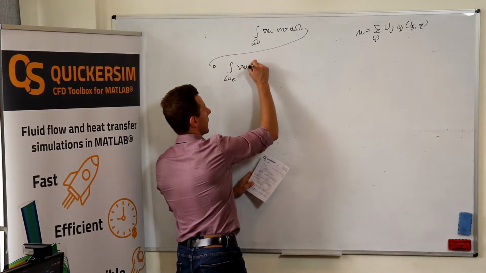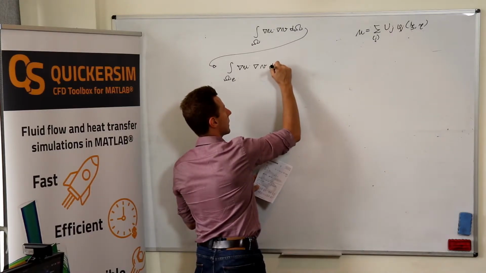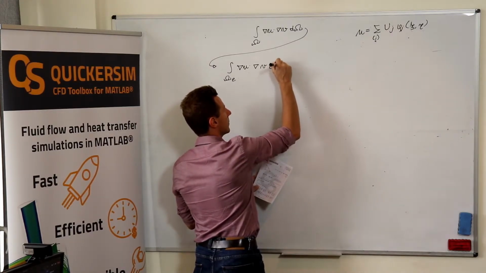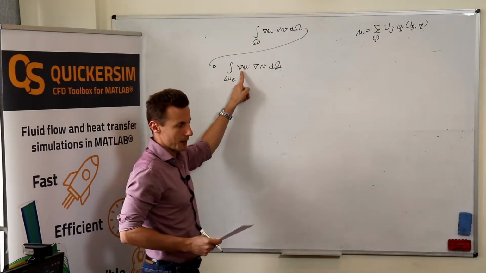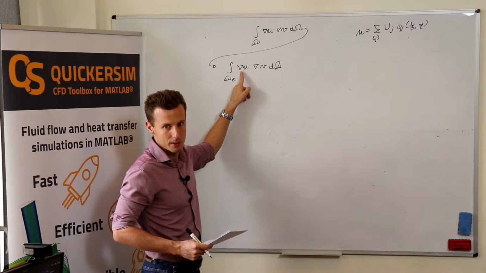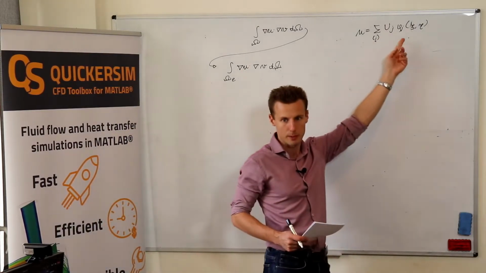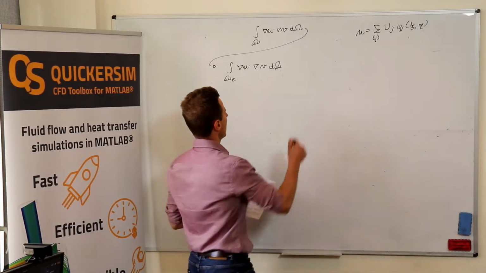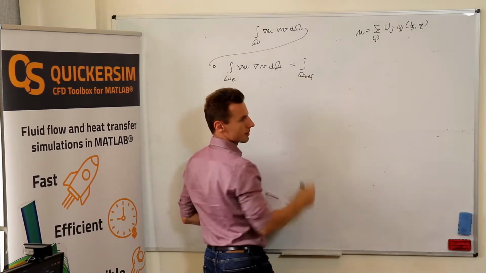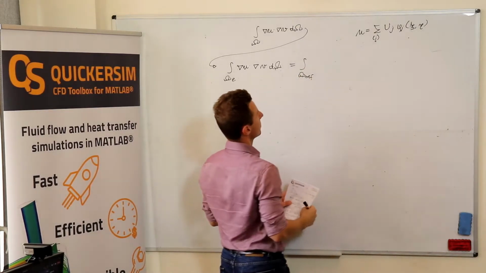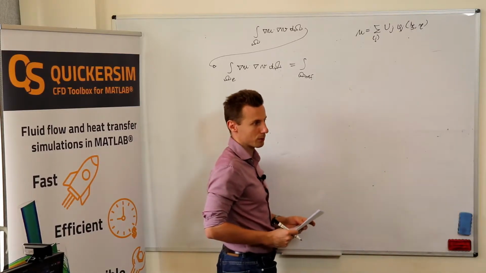So we need to calculate that. And this one is obviously expressed in the physical domain. So these are gradients with respect to x and y, not with respect to psi and eta. We need to move it to the reference domain because our shape functions are defined with respect to psi and eta.